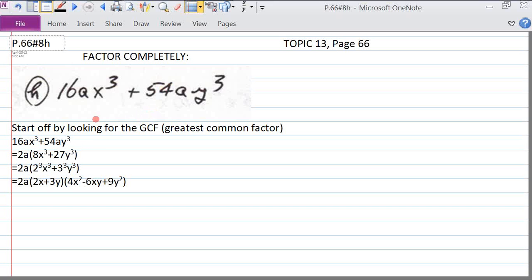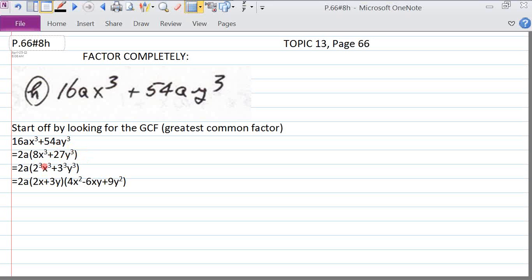So you have to choose the highest number that'll go into both these numbers, it's 2. And then a is common to both. We put 2a in. Now 2a times 8x cubed gives me 16ax cubed. 2a times 27y cubed gives me 54ay cubed.